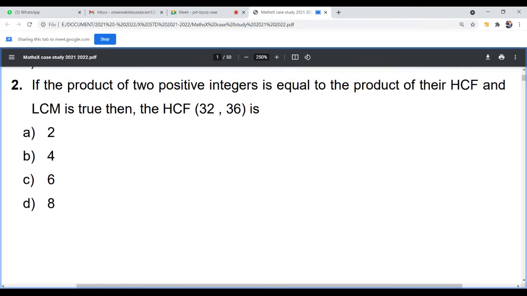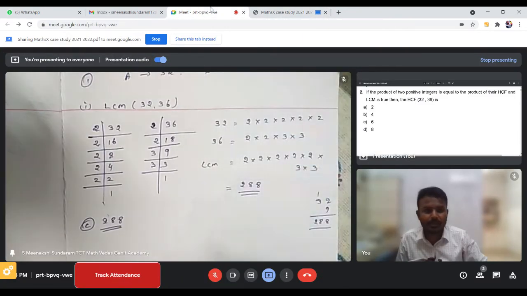Second question: if the product of two positive integers is equal to the product of their HCF and LCM is true, then find the HCF of 32 and 36. We know this statement, right? We know this general form.